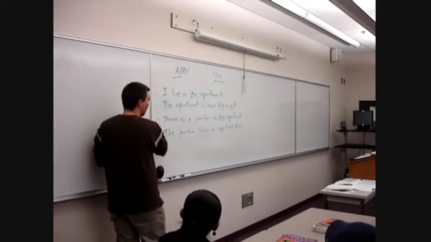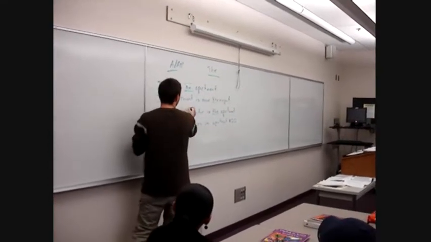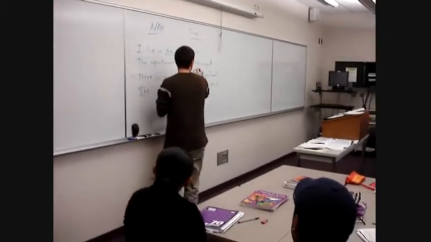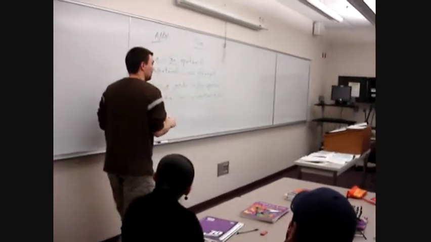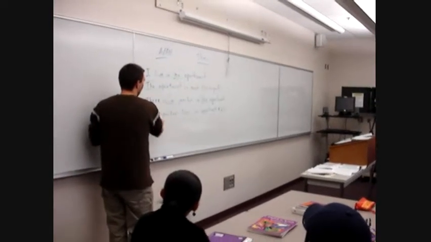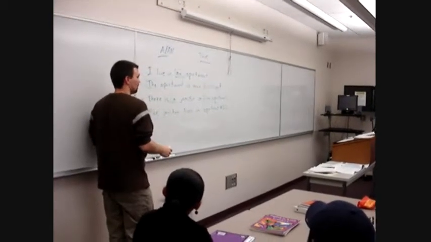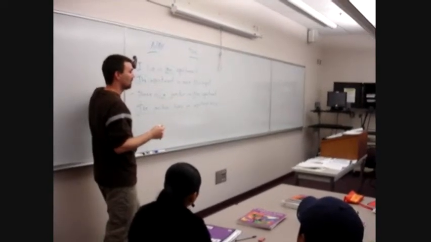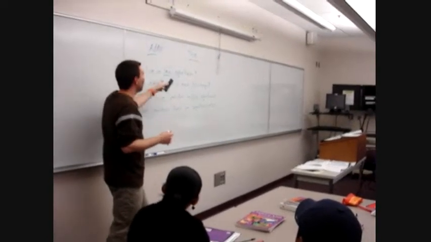So in this one we have, there is a janitor. And again we have in the apartment. But down here we have the janitor. Right. I live in an apartment.